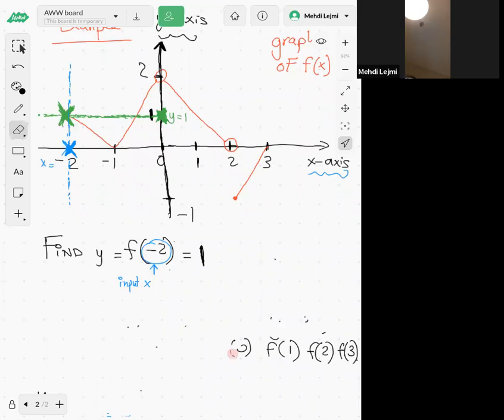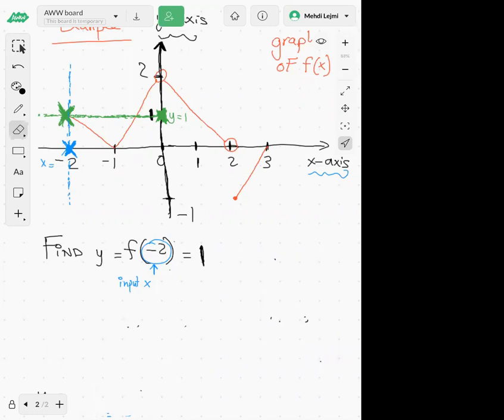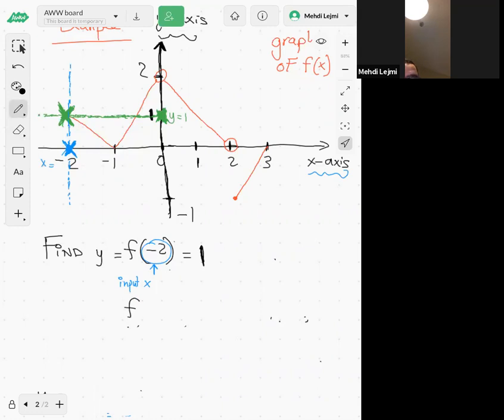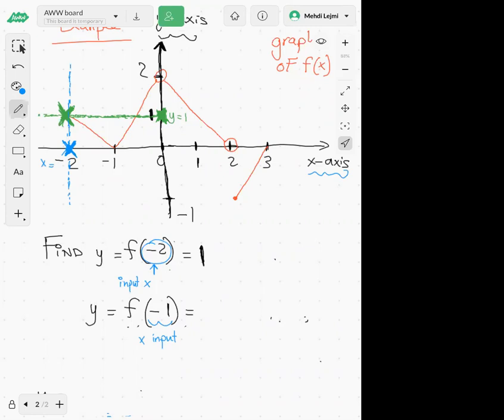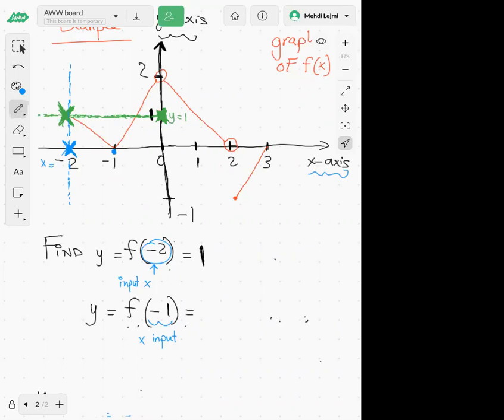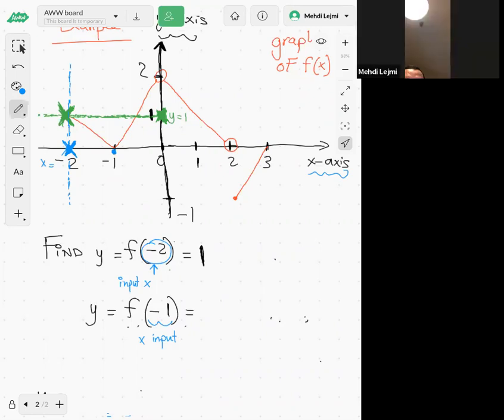Let me do the next value, after f of -2. I'm doing just whole numbers because I know it's easier. Let's say, what will be f of -1? Again, my input x is -1. It'll be 0. So first, let me explain this. Here's my x equal to -1. I'm supposed to draw a vertical line passing through this -1.